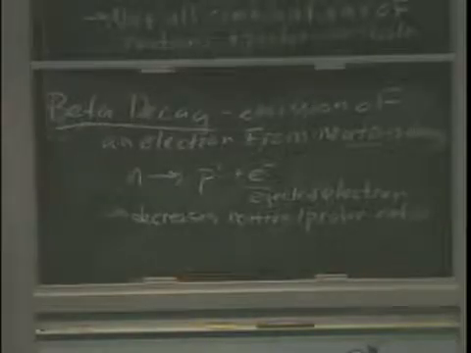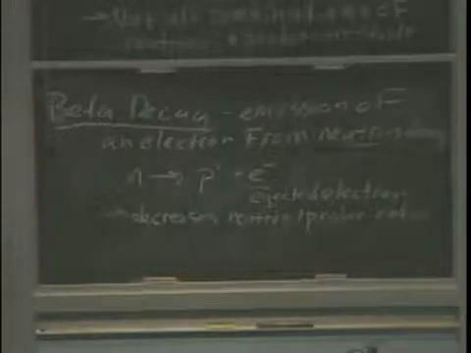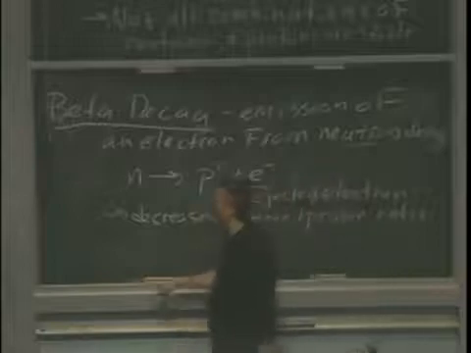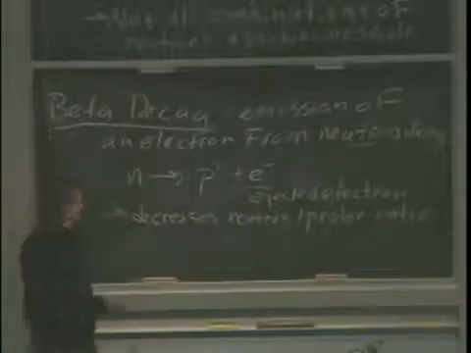In some ways, it's similar to alpha decays in that you have a charged particle that's coming out. In that case, it was a heavy helium nucleus. In this case, it's just an electron. Okay? But an electron is a very light particle, and it's very easy to stop.